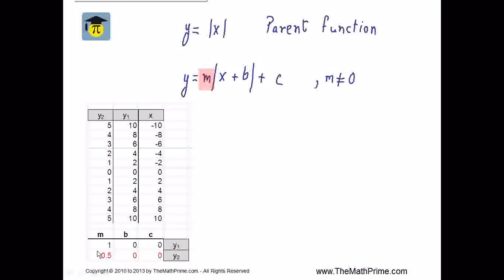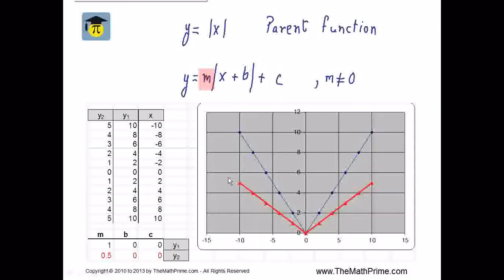Now let's take a look at a fractional value of M, 0.5 or half. It's still a positive number, but it's less than 1. The red graph here represents the function with a value of M equal to half, and the blue graph represents the parent function. The red graph basically looks like somebody took the blue graph and squashed it down towards the x-axis.